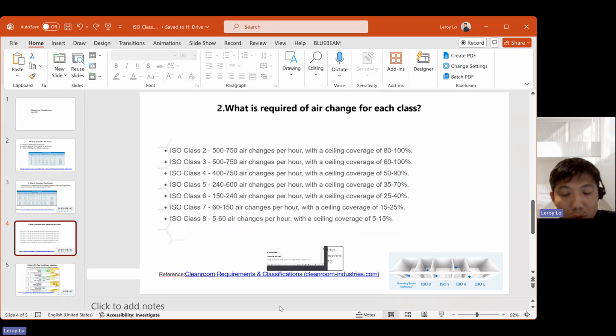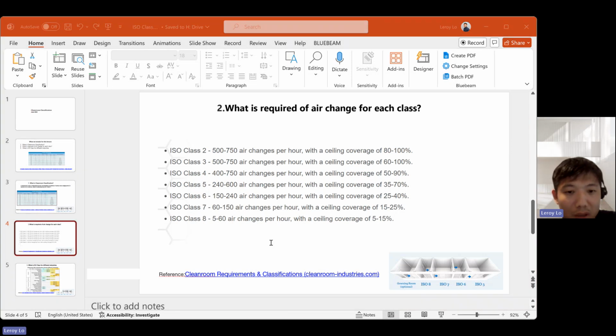Number two: what is the required air change for each class? Depending on the level of the clean room, the amount of air change differs. For ISO 2, you will need 80 to 100%, which is a very high level. For ISO 3, you also need 5 to 750 air changes per hour with a ceiling coverage of 60 to 100%.